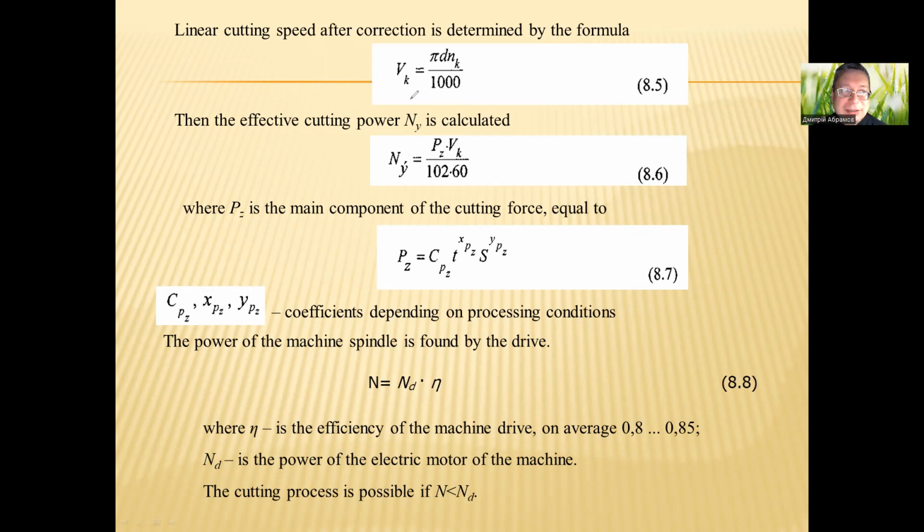Then the effective cutting power is calculated using formula 8.6. Cutting power N suffix e is equal to P suffix z multiplied by V suffix k divided by 102 multiplied by 60.